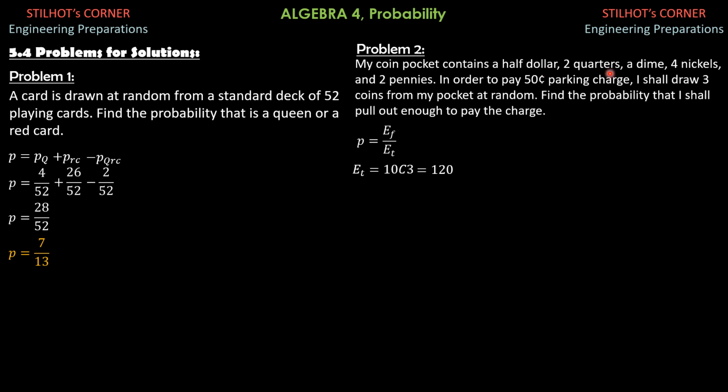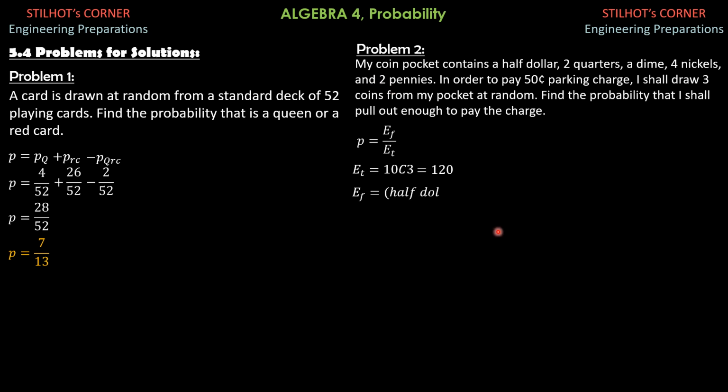So 2 quarters, and since the half dollar is excluded, and we already have 2 quarters here, the value is already 50 cents. So another coin from the remaining 7 is 1 dime, 4 nickels, and 2 pennies.